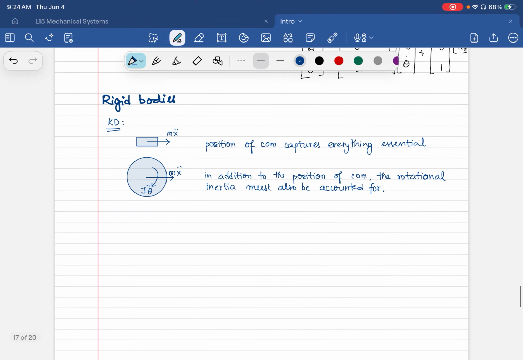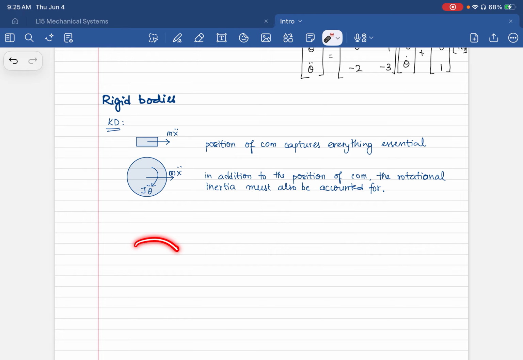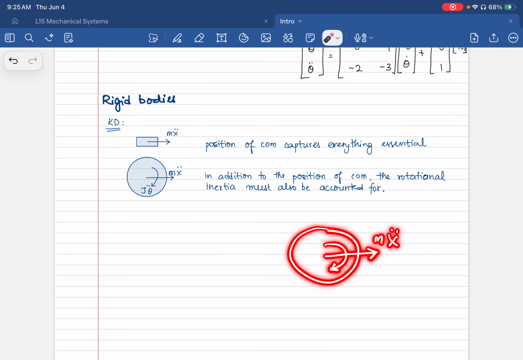So what does this look like? Every time that you are drawing your free body diagram, you just account for whatever's provided, whether it's including the torques and moments and the forces and so on. But when you're doing the inertial diagram, that's the kinetic diagram, you will have from your center of mass some mx double dot and then some moment related to the rotational inertia. That'll be J theta double dot.